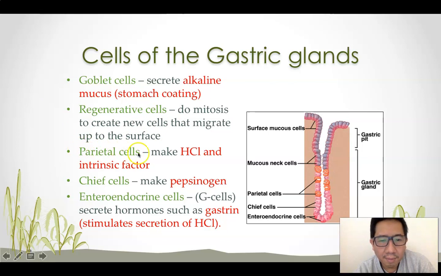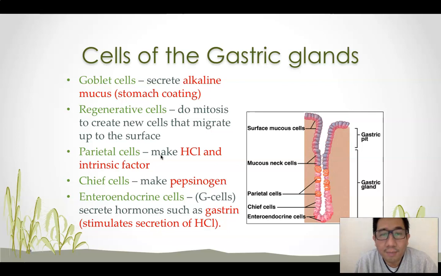Parietal cell. Parietal makes hydrochloric acid and intrinsic factor. These guys, the number one guy in your stomach, because this guy makes hydrochloric acid. What does hydrochloric acid do? It breaks down all the food in your stomach.